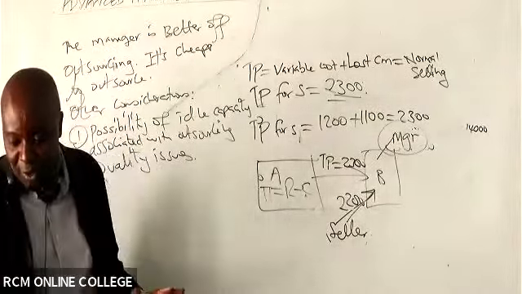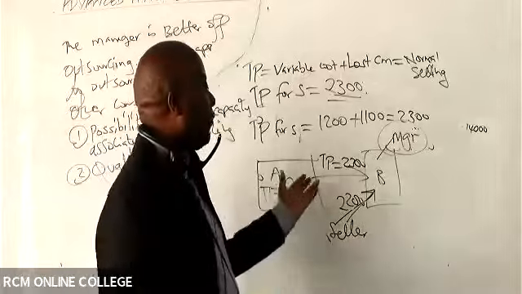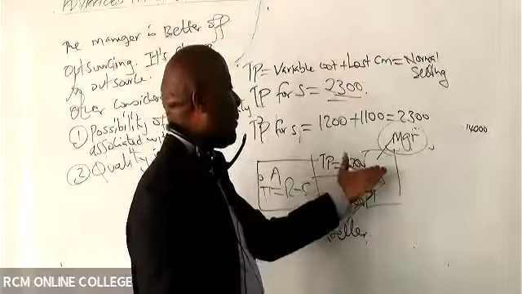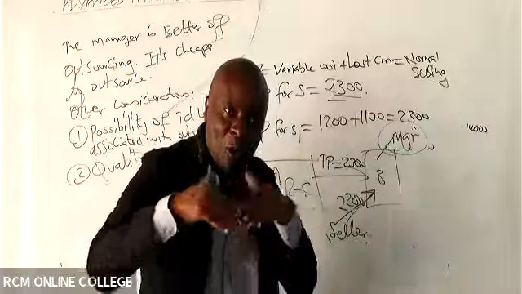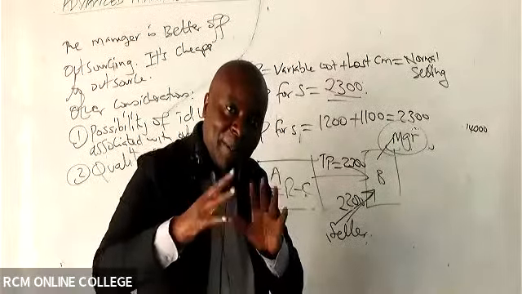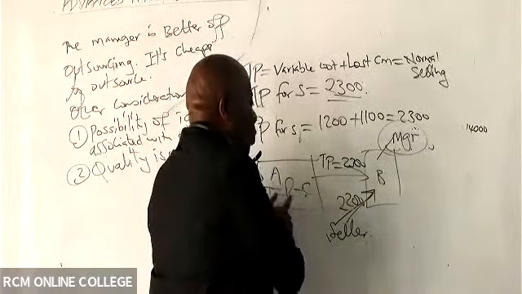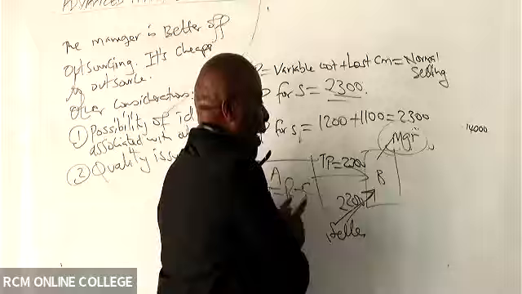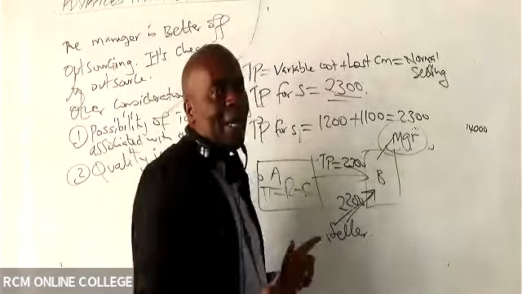Then there is autonomy: if this guy feels that he can get a better price from outside, let it be. Let him go for whichever decision they would want to make. All right. So that now these guys can be pushed to also work very hard so that they don't transfer their inefficiencies to the next department.